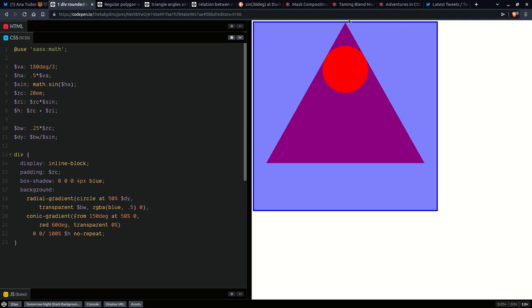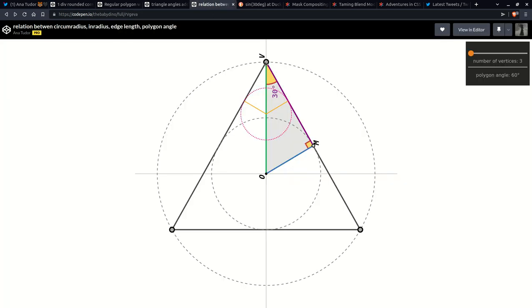right? So we're going to compute the distance from the vertex. Now the distance from the vertex is going to be the distance from that point where the perpendicular falls, from there to the vertex. Now that is going to be dy cosine of 30 degrees, because that distance over the hypotenuse is going to be cosine of 30 degrees.